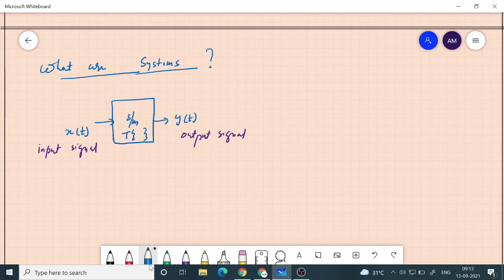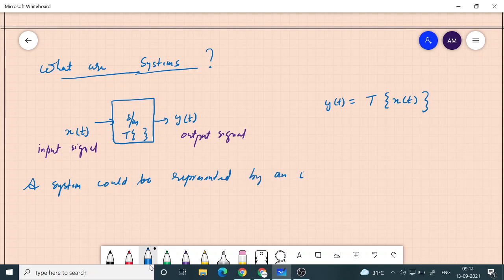So you can say that y of t is basically a transformation of x of t. So a system could be represented by an input-output relationship.